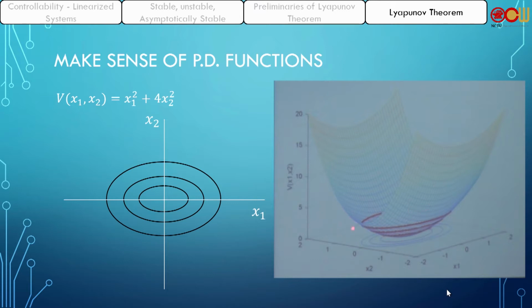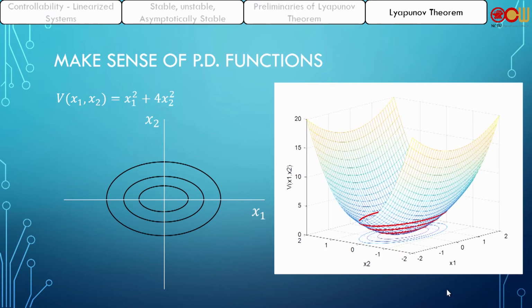V is non-zero elsewhere, right? But the level set is not a circle anymore.